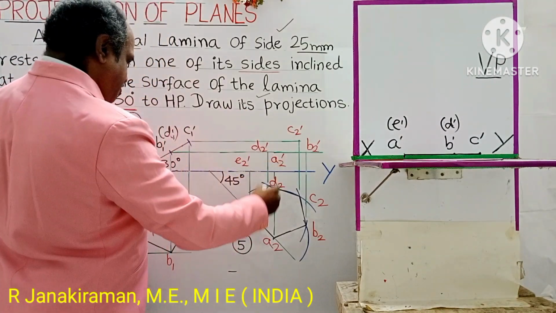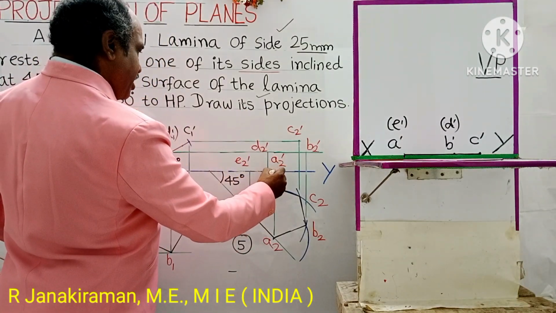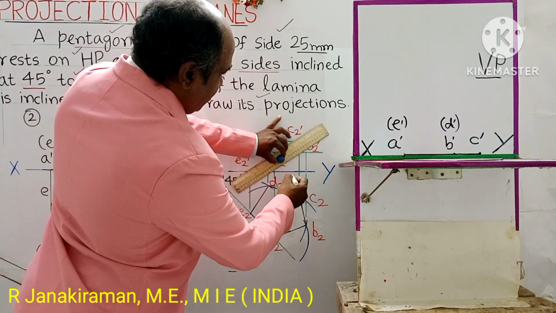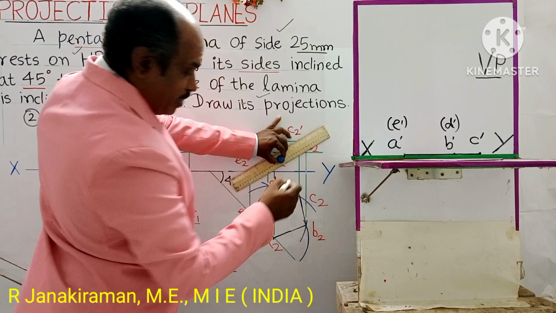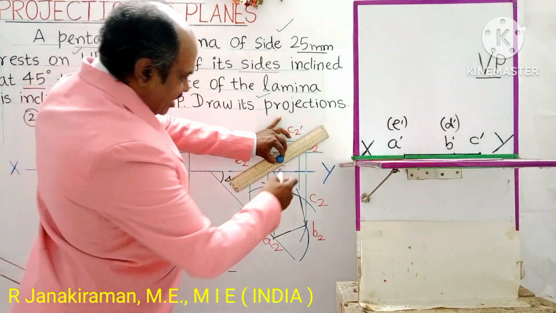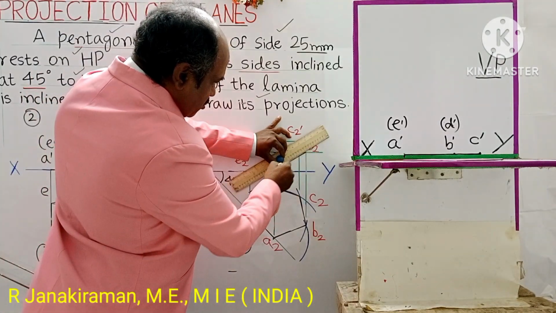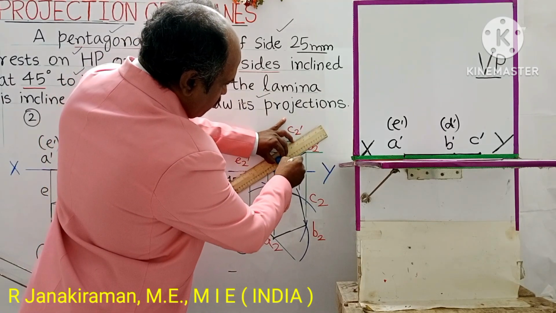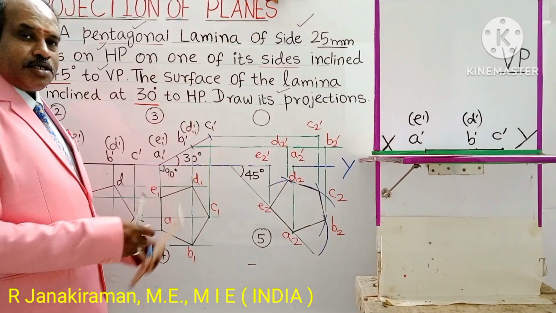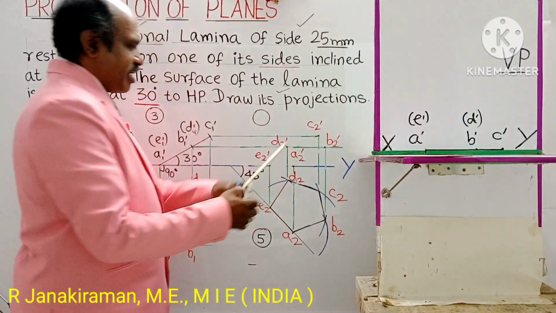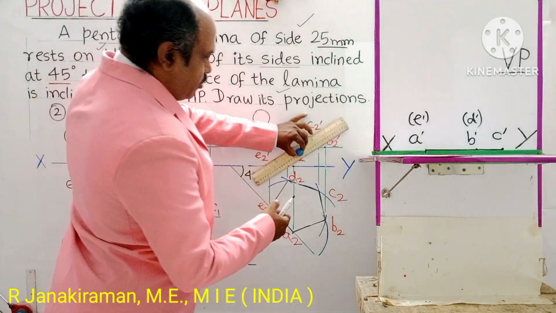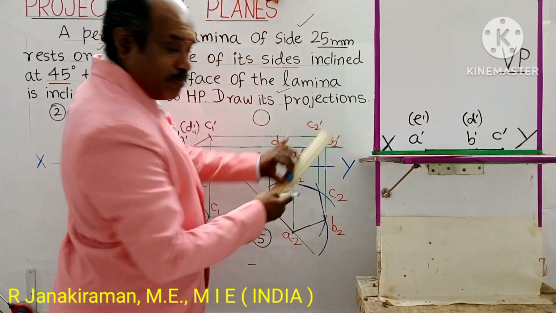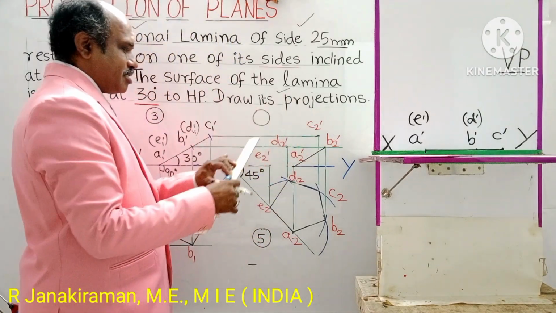Okay, so join A2 dash with B2 dash by using a freehand scale and an HB or H pencil, as these are the edges. Join all those points obtained starting from A2 dash, B2 dash, using an HB or H pencil so they appear dark, as these are the edges.